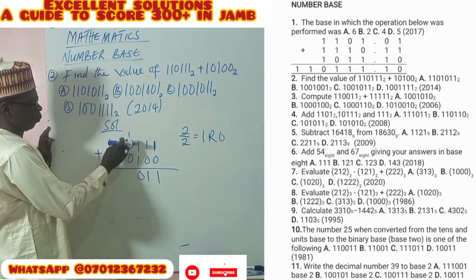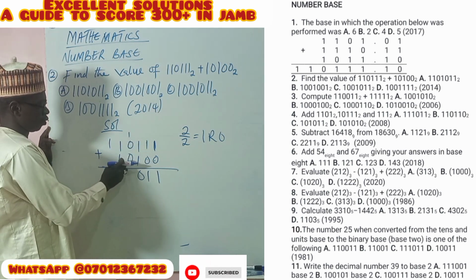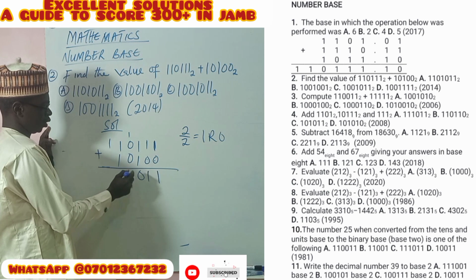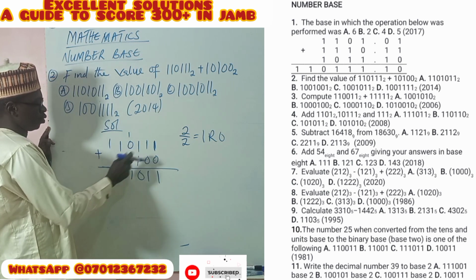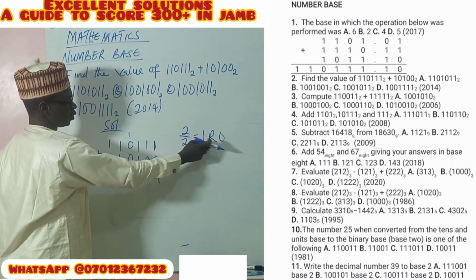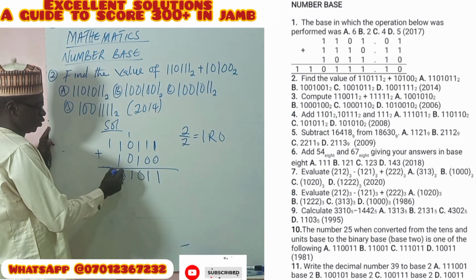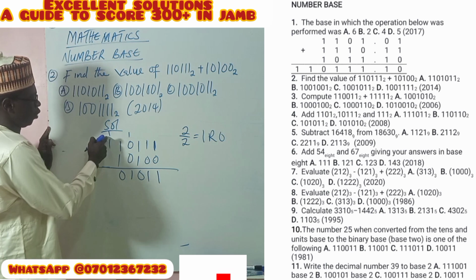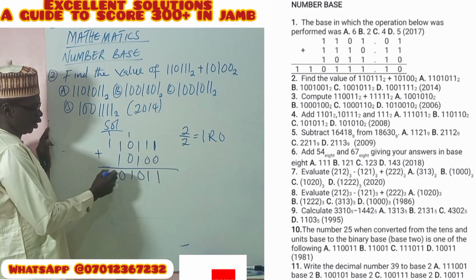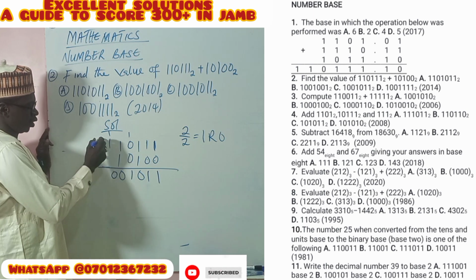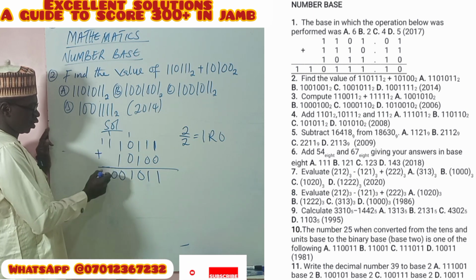We add 1 here. 1 plus 0 is 1. 1 plus 0 is 1. So we now put 1 here. Here we come, 1 plus 1 is 2. 2 in base 2 is 1, remainder 0. So we put 0 and carry 1 here. 1 plus 1 is 2. 2 in base 2 is 1, remainder 0. So we put 0 and carry the 1 here. 1 plus nothing is 1.